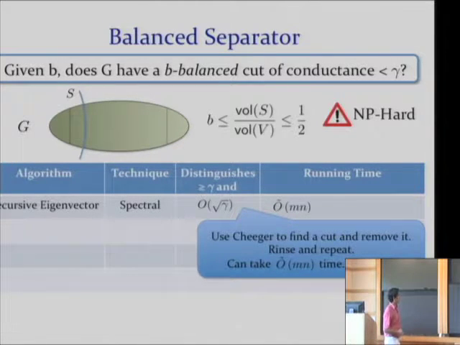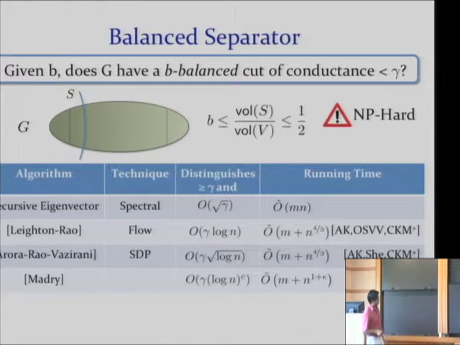Okay. Before I move on to faster algorithms, let me first mention the true approximation algorithms for this problem that are known, starting with the work of Leighton-Rao that uses flows, and then a really breakthrough work of Arora, Rao and Vazirani using SDPs and flow techniques.